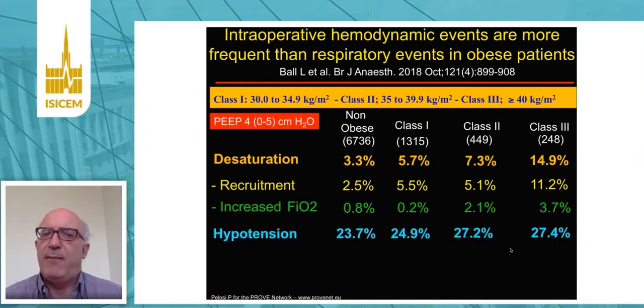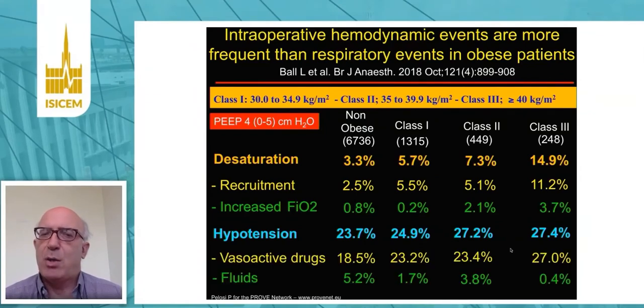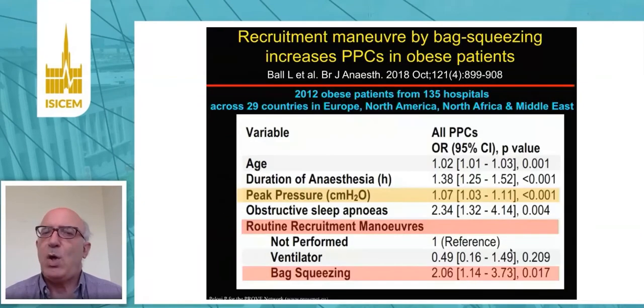On the contrary, hypotension was much more frequent, between 25 to 30%, and the reaction was mainly using vasoactive drugs and much less using fluids. We also found that recruitment maneuvers, especially when performed by bag squeezing, were associated with an increased risk of postoperative pulmonary complications, especially in obese patients.